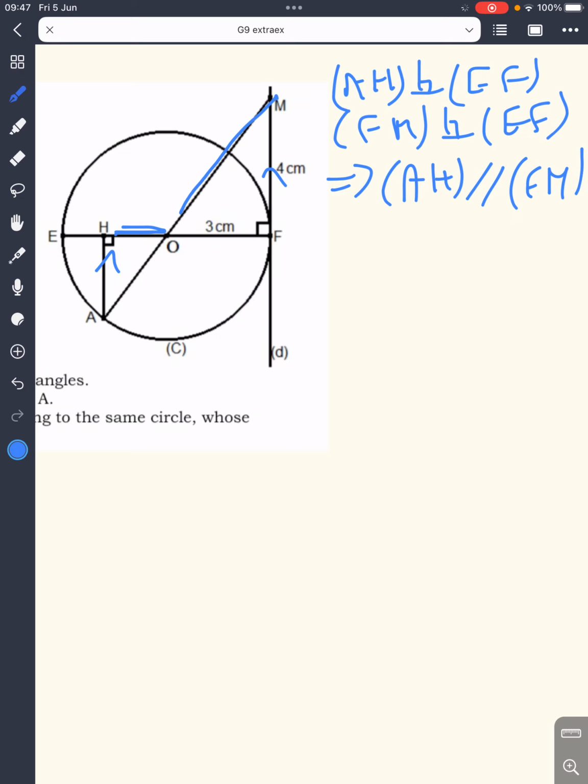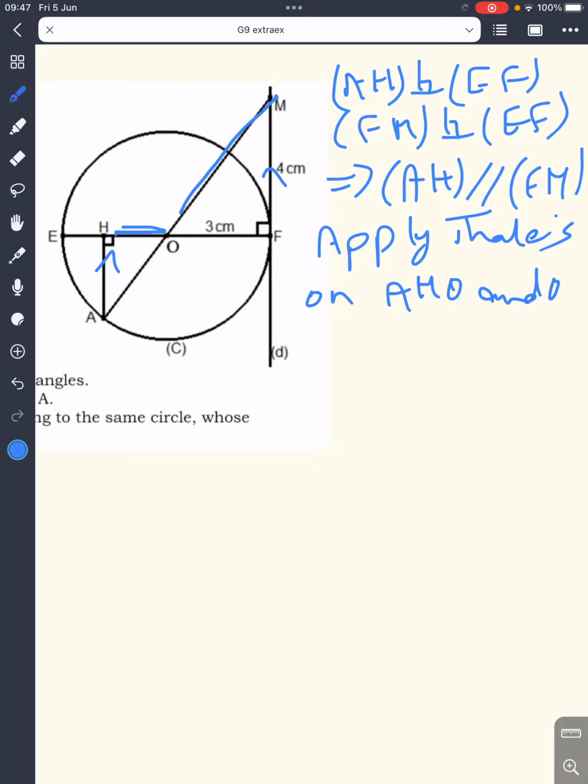On which triangle? Triangle AHO and another triangle which is OFM. We have to write equal ratios. Now OH over OF equals OA over OM, equals AH over FM.